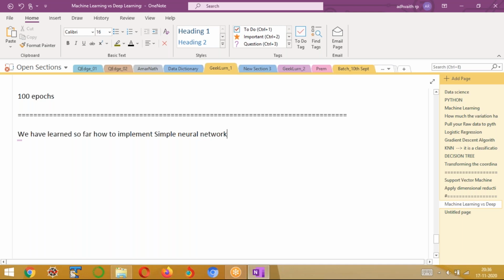A simple neural network. So what does a simple neural network contain? Here your input matrix means the input layer, right? 2 hidden layers, and 3 output layers. These are the things that we have learned.